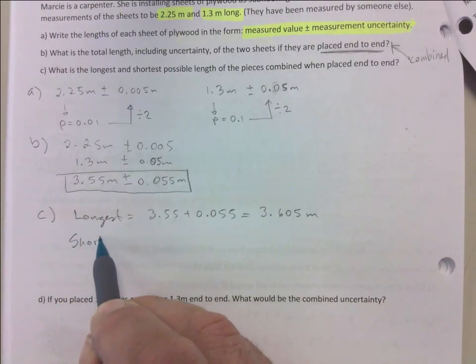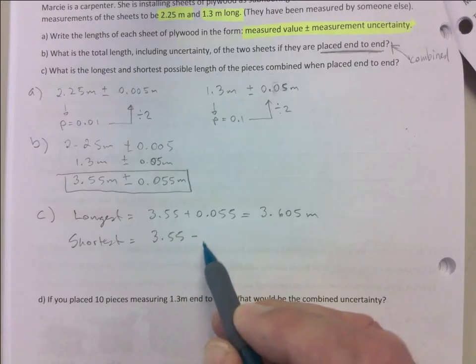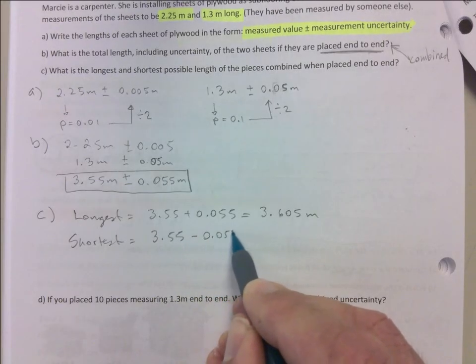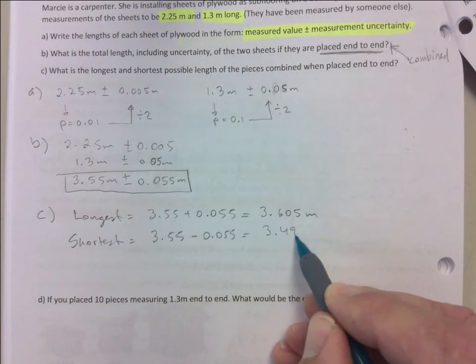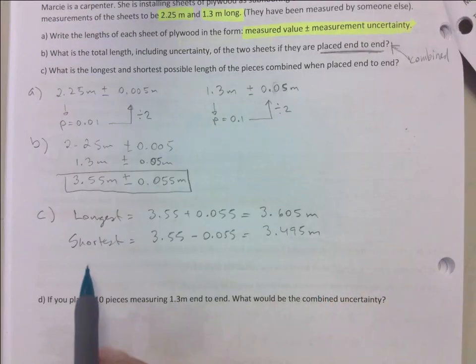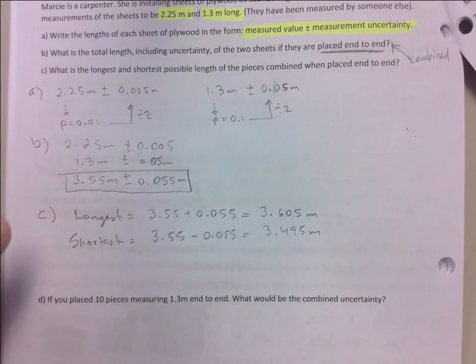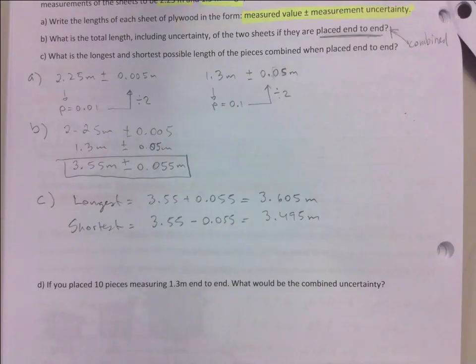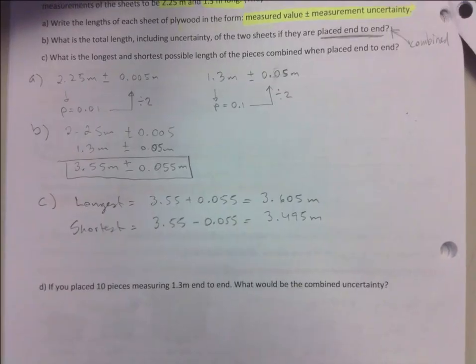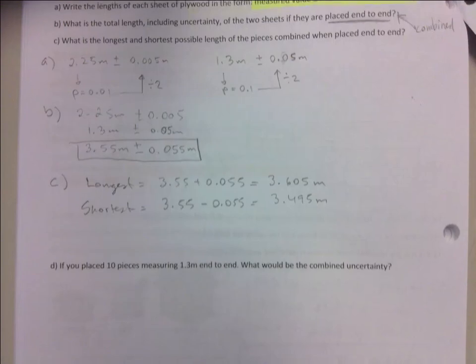The shortest is 3.55 minus 0.055. That's 3.495 meters. Okay, so there you have both of them. Based on this, we figured that out. So that's how you do that part. Break it down. Make sure you know how to do precision and uncertainty.